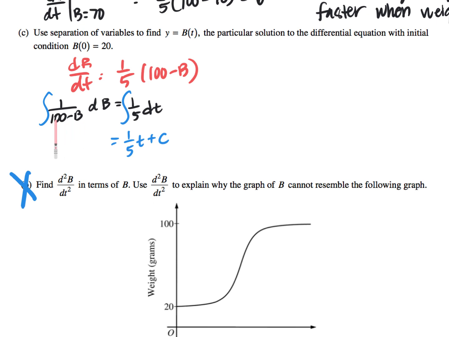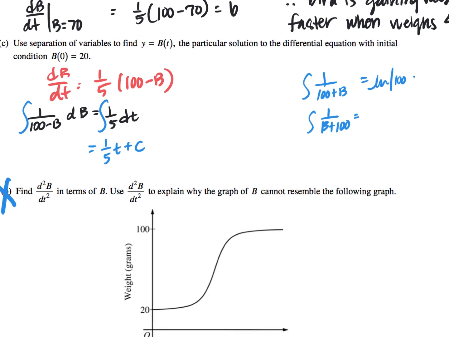I haven't seen you guys in a decade. The antiderivative, let me put it this way: if it was 1 over B plus 100, it would be, anyone? We know this one. We just had one like this on the last one. ln of 100 plus B. And here's why. What's the derivative of this to check it?